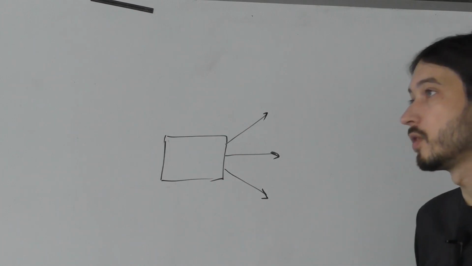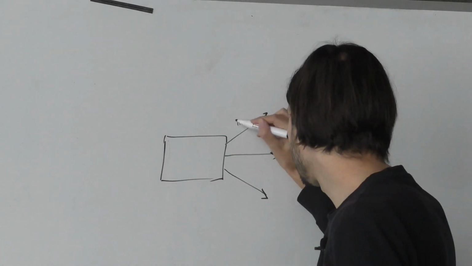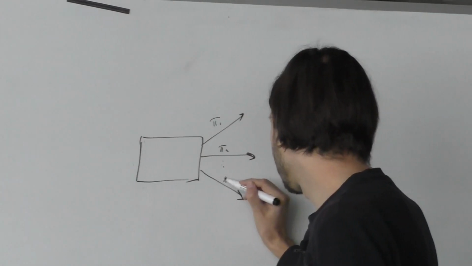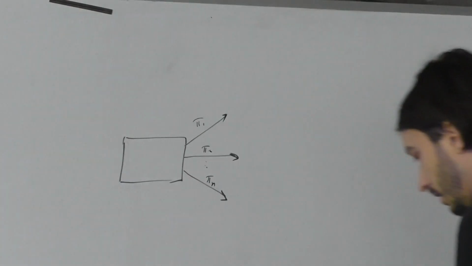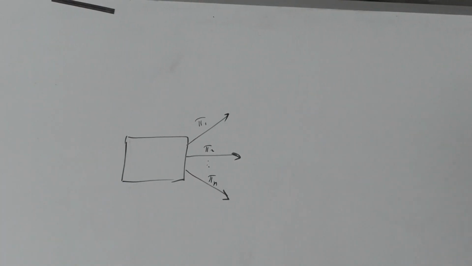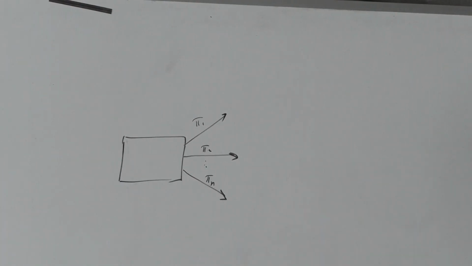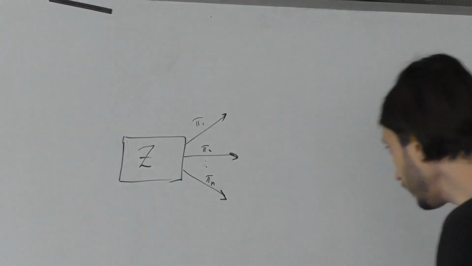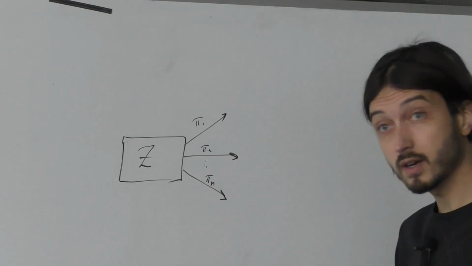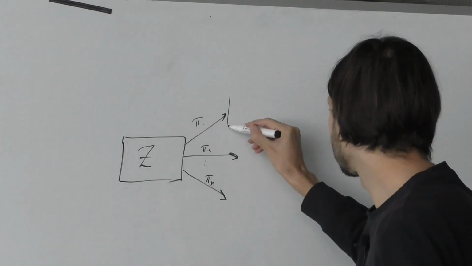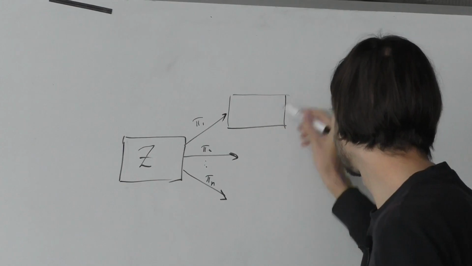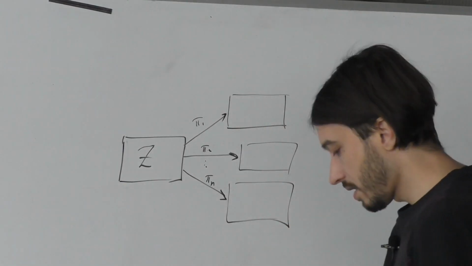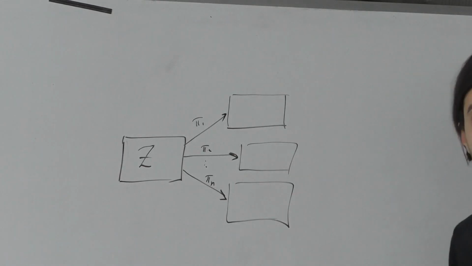So I have some probabilities, let's say pi_1, pi_2, and so on up to pi_n. Each output of the device is connected to some different device that can generate random points.